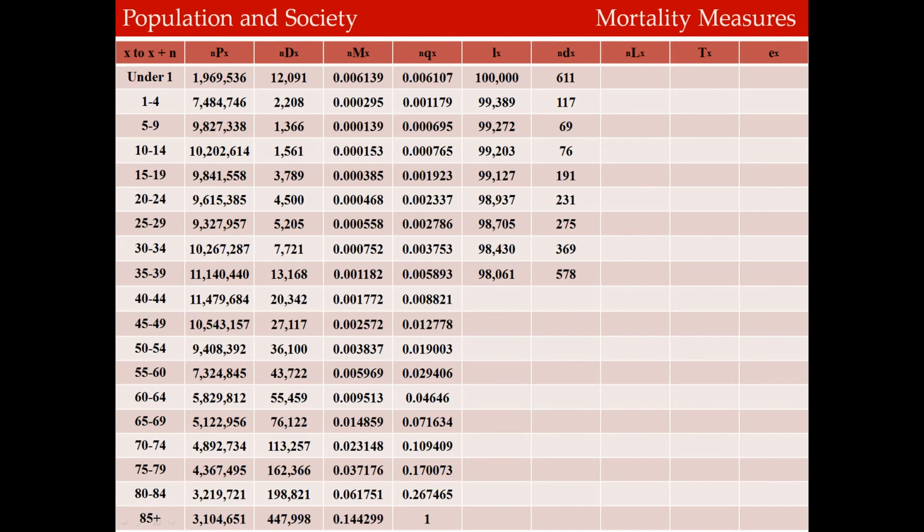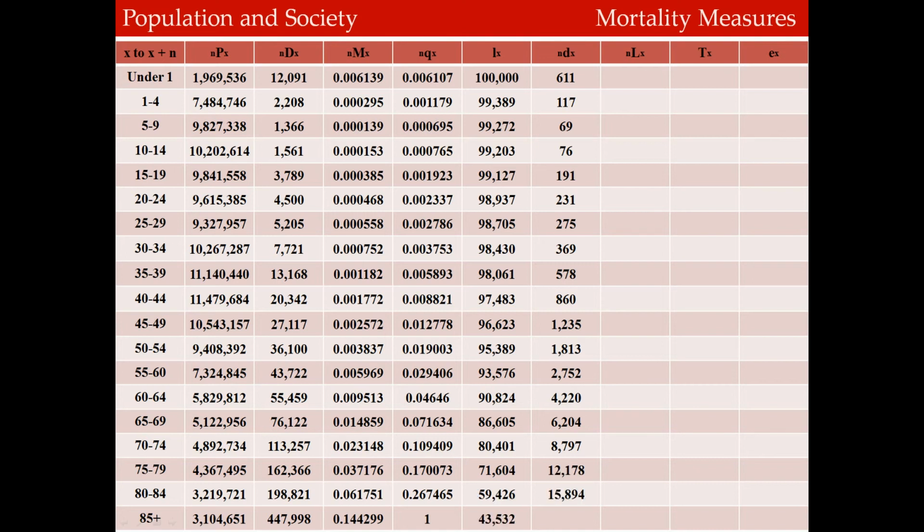And what we'll see is that our hypothetical population is going to get smaller and smaller as we continuously subject it to the mortality schedule that we've created from real data. So our population continues to shrink until it gets to the highest age range, in which case we're left with 43,532, and because the probability of death is 100%, or 1, everyone dies at the end. So we're left with 0 people in our population after everyone's exposed to the mortality schedule.